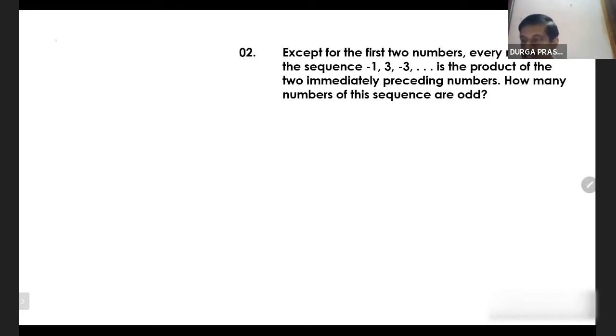So that means T3 equals T2 into T1, T4 equals T3 into T2, T5 equals T4 into T3, and so on. It continues like this. How many numbers of this sequence are odd?